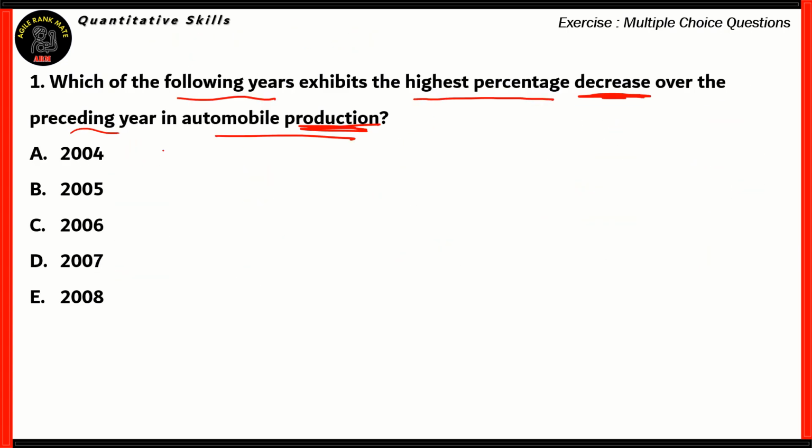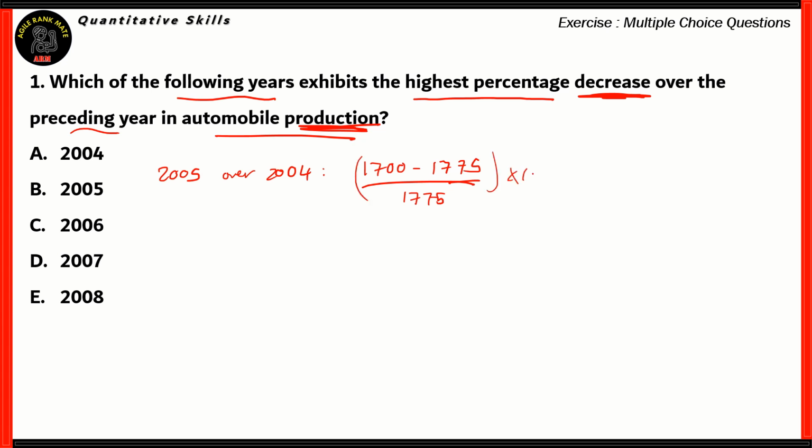So highest percentage decrease in 2005 over 2004, the numbers would be 1,700 in 2005, 1,775 in 2004, and the denominator would be the number of cars produced in the previous year, which is 1,775.